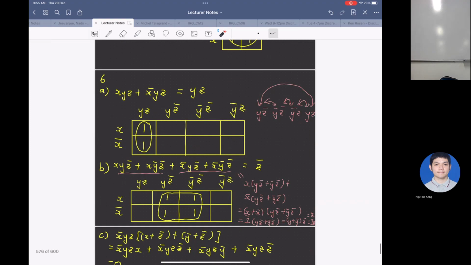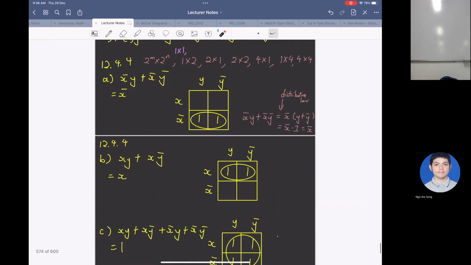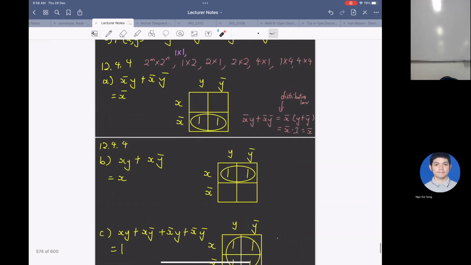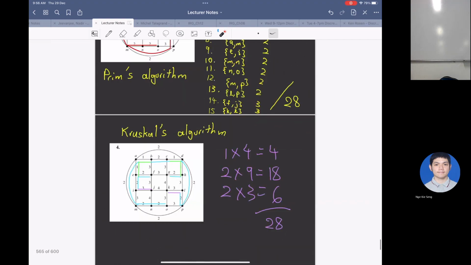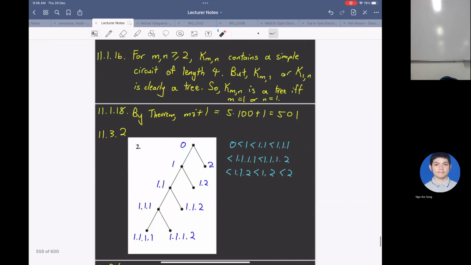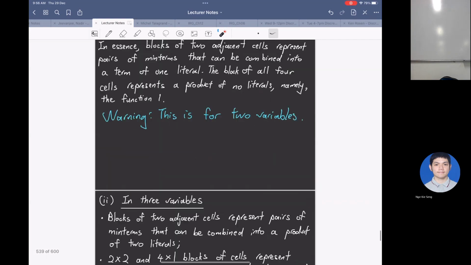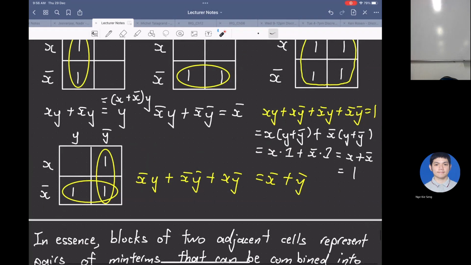So one of your friends asked about this one, an example from last time. He said, how about this term here?